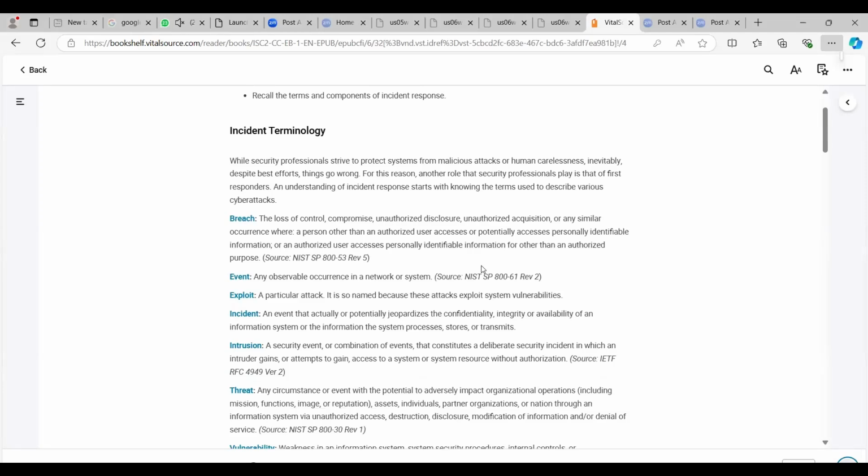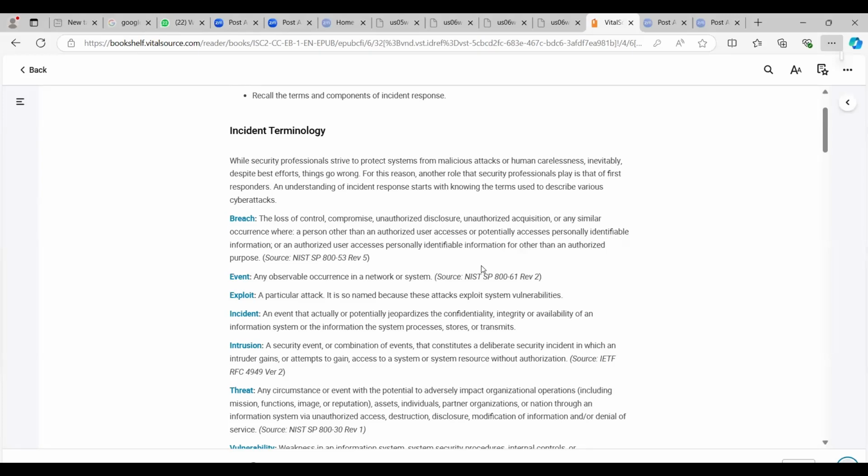So, incident terminology. While security professionals strive to protect systems from malicious attacks or human carelessness, inevitably, despite best effort, things go wrong. No matter what security control, countermeasure or safeguard you put in place, things will always go wrong, maybe by mistake, or by disgruntled employees, or by an outdated operating system or software.